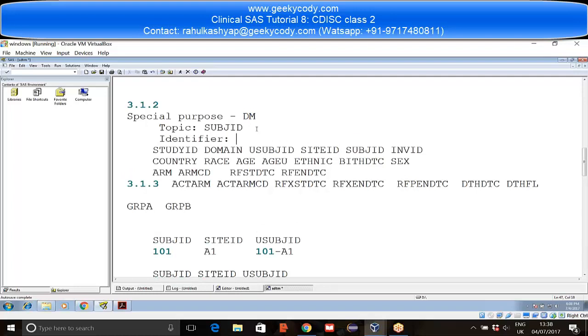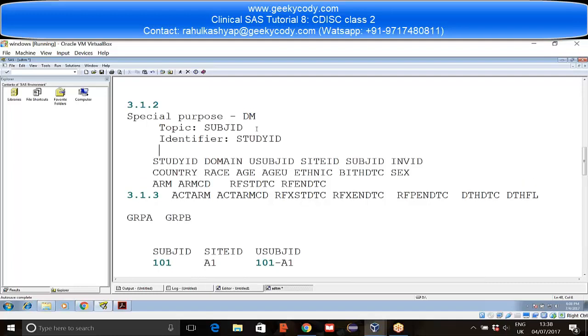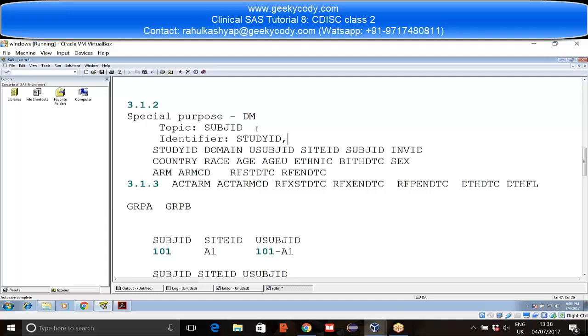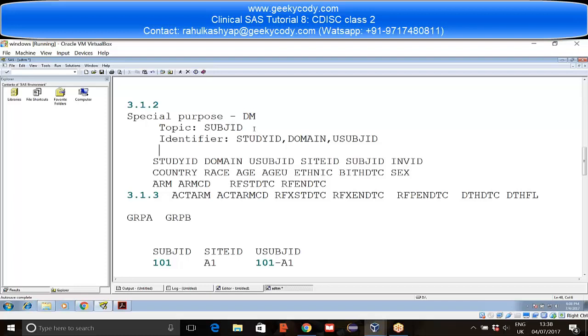And identifiers. What are the identifiers here? Study ID, domain and USUBJID. These three come under identifiers. And a very important thing is structure.